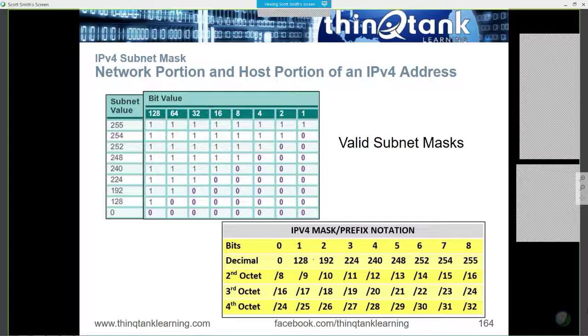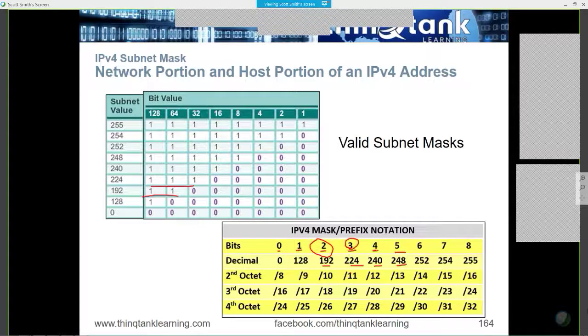As far as the actual bits, these would be the number of bits that are on in that respective octet to equal that corresponding mask value. So 2 bits are on, and we see that here, 1, 2. Or 3 bits are on, we see that here, 1, 2, 3, and so on. That's how you get the /12 or the /11, because you have 8 plus 9 plus 10 plus 11.